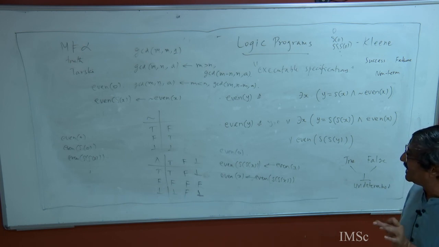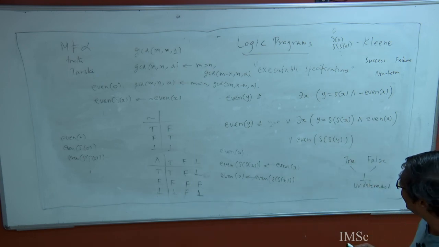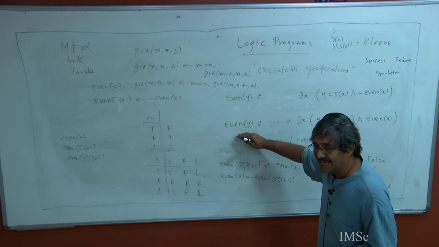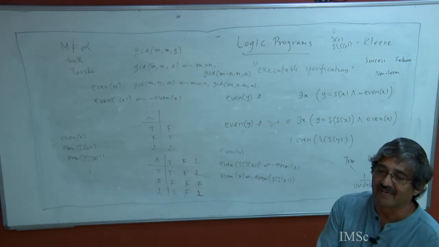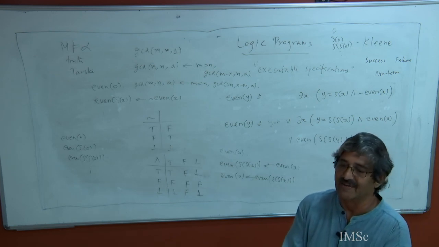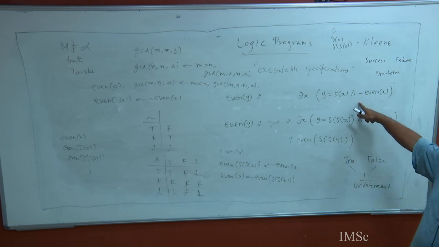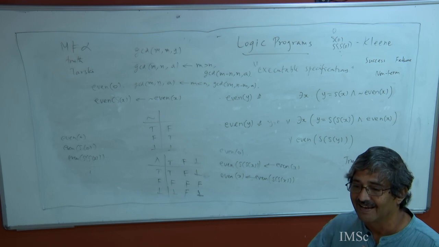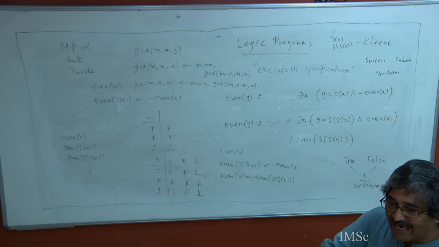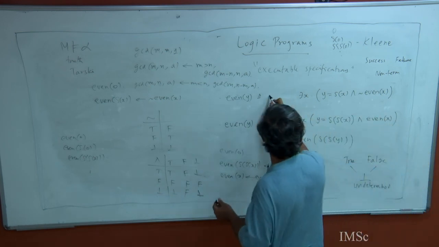So the main idea is that with every formula, you associate an operator. The operator takes something like this as input and produces more. You have partially determined something for even. For instance, you know that 0 is even. Plug it in, that tells you 1 is not even, right? Plug it in, it tells you 2 is even. So it keeps building up the semantics.